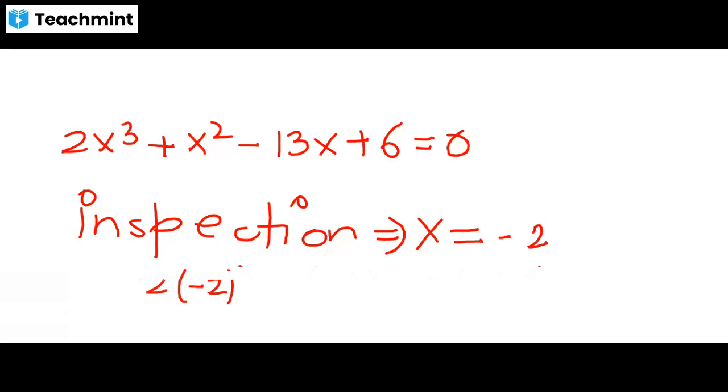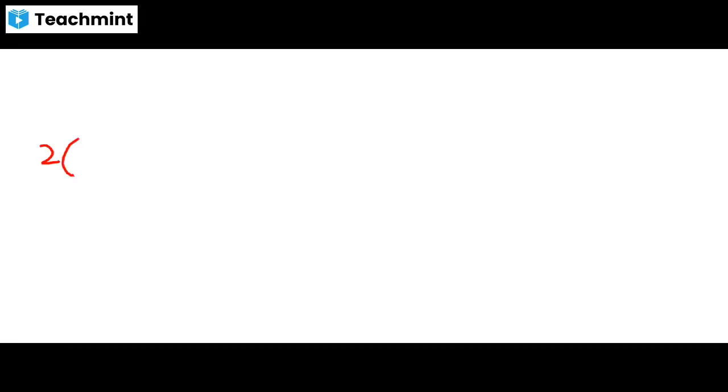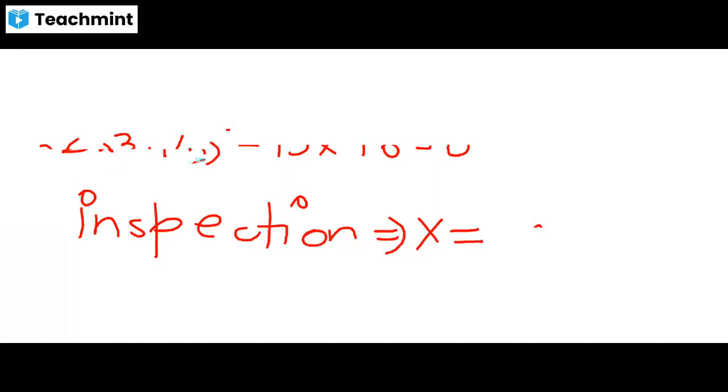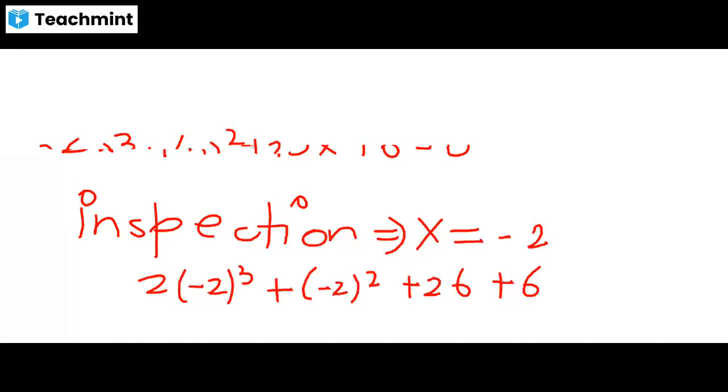So let's try x is equal to plus 2 and see whether this satisfies or not. So we get 2 into 2 cube plus 2 square minus 13 into 2 plus 6.